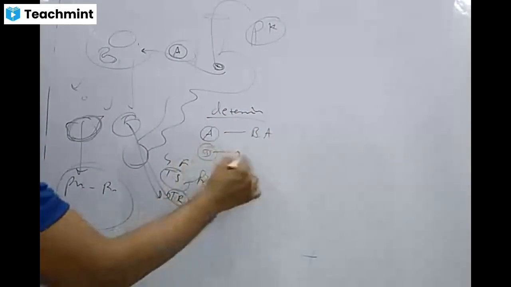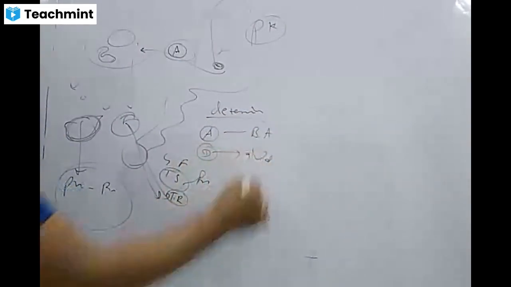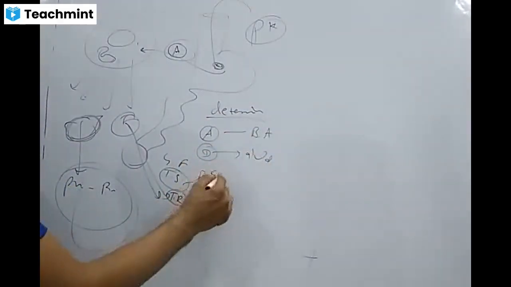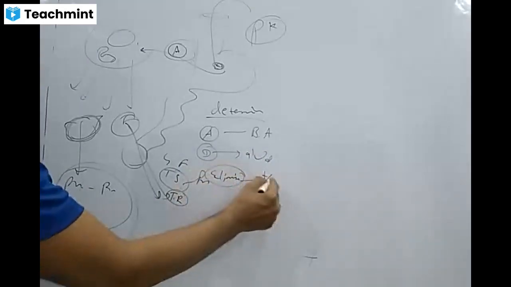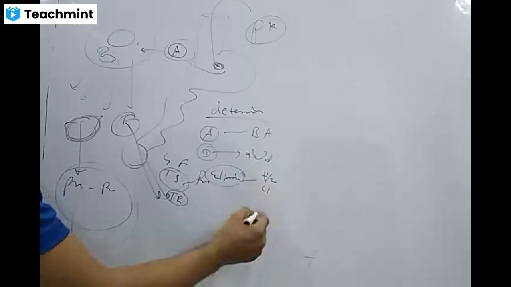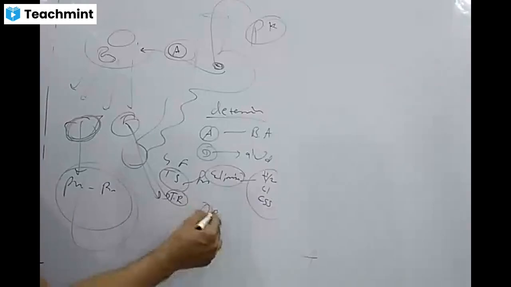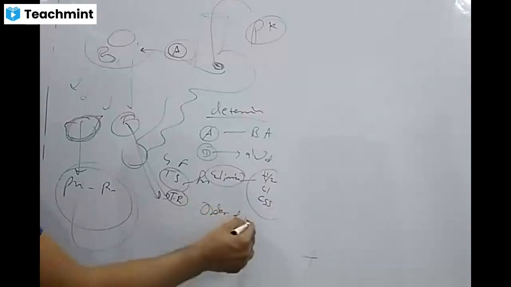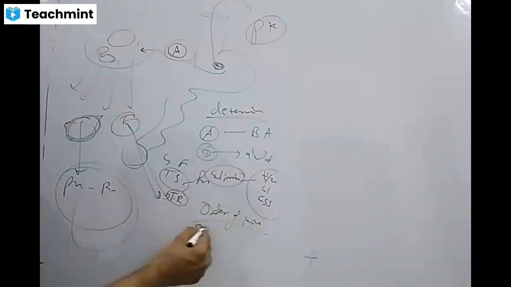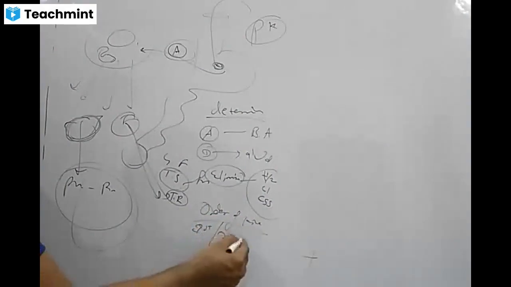How to measure distribution, the parameter was apparent VD. For elimination we had T-half, clearance, and steady state concentration. The last topic was order of kinetics, that was first and zero order.